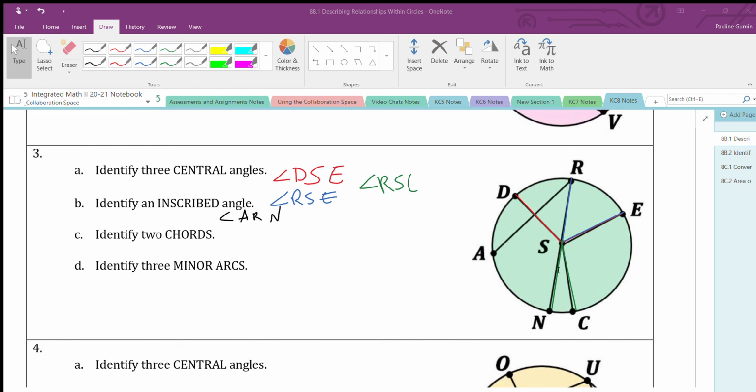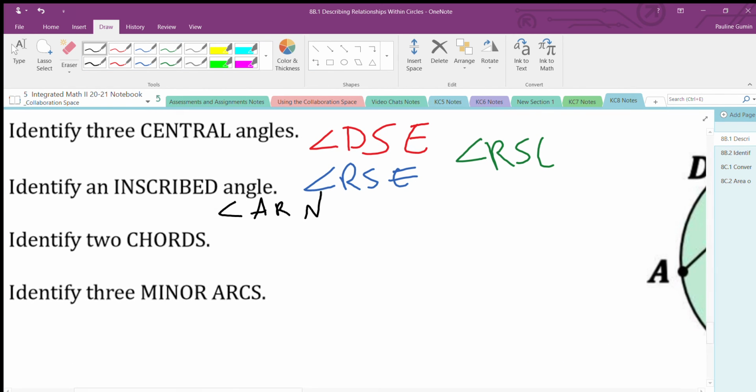RN looks like it's the diameter. It goes through the center. That's fine. And AR isn't a diameter. It doesn't go through the center, and that's fine too. Let's write it down. So we have AR, segment, and RN, also segment.